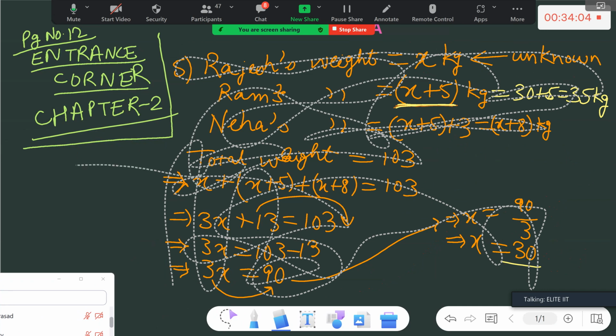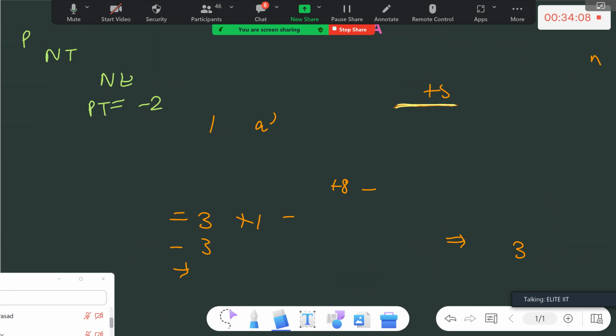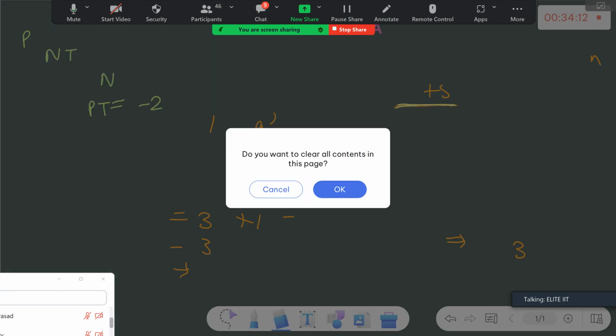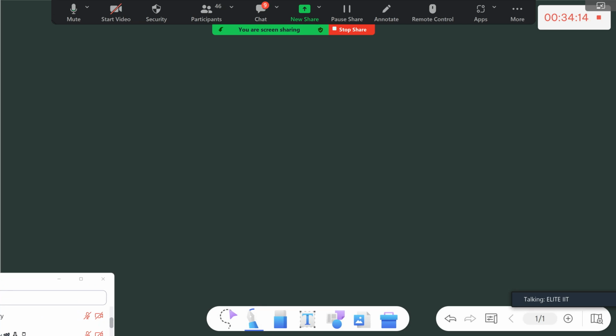Okay, now we are in doubt solving time. Let us see. Divisibility question, isn't it? Niksha asked divisibility by 11.